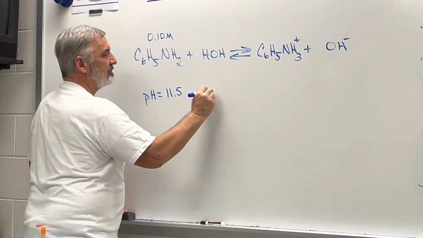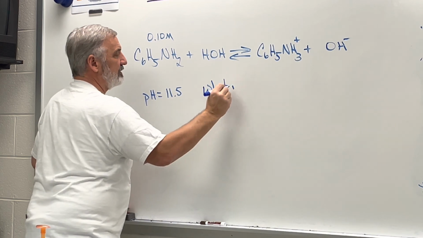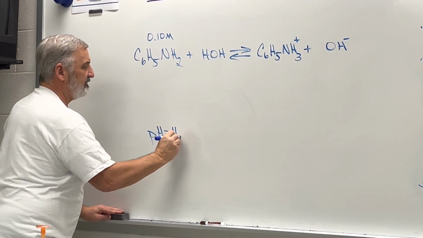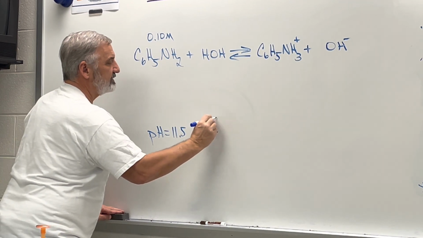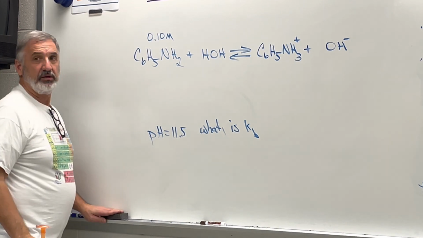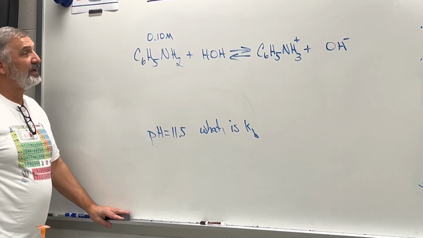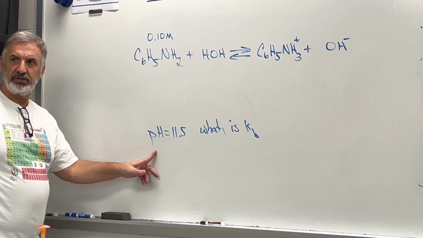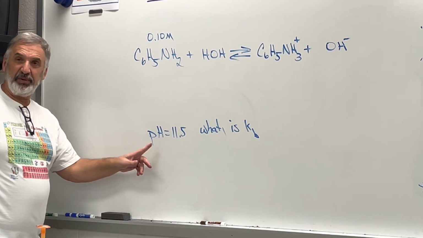What is, well, let me write it down lower here. pH is equal to 11.5. What is Kb? How do I do that? What does this pH tell me? If I know pH, what do I know?